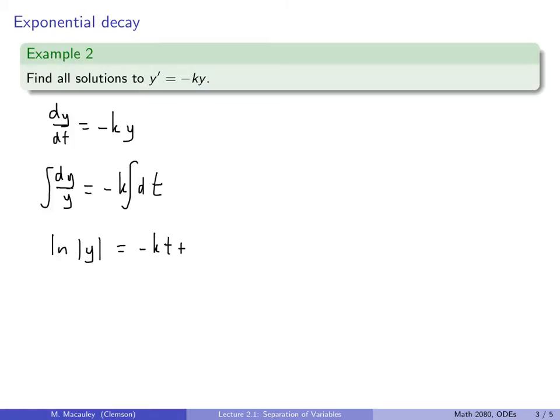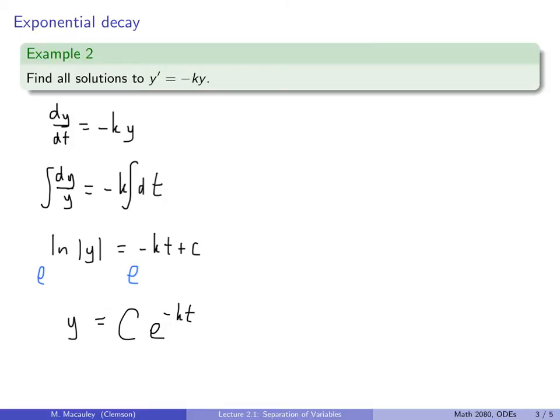Now I exponentiate both sides. And I'm going to do what I said I could do last time. I'm just going to write this as y and ignore the fact that there's the absolute value here, because those two fudge factors cancel each other out. So I'm going to say y is e to the negative, well, I'm going to write this before as c e to the negative kt.